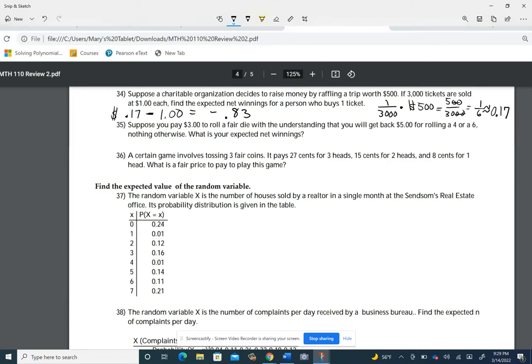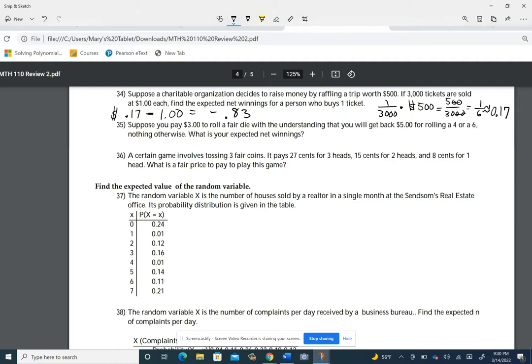So my expected net winnings would be to lose 83 cents. That's all they asked you for on that one. That's not really a fair situation. You're paying too much to play that game, right?